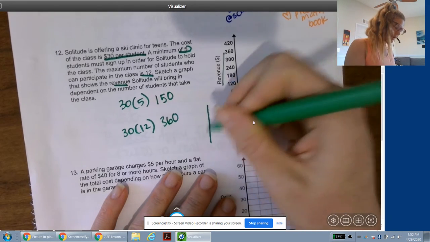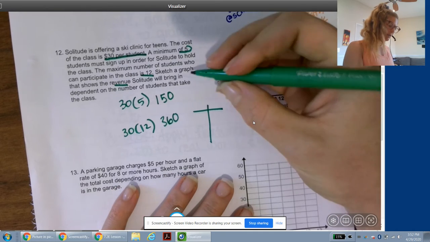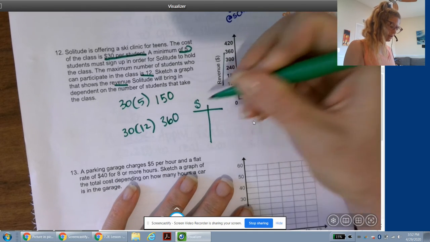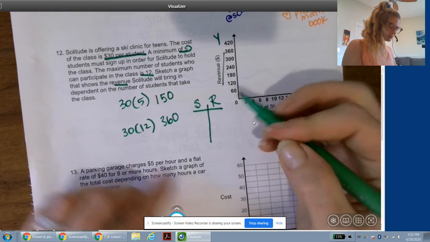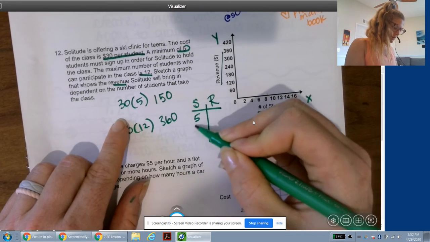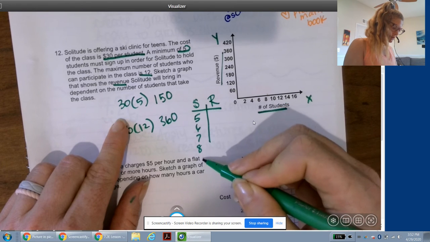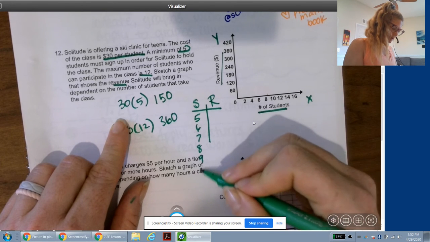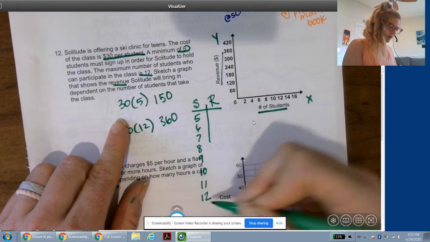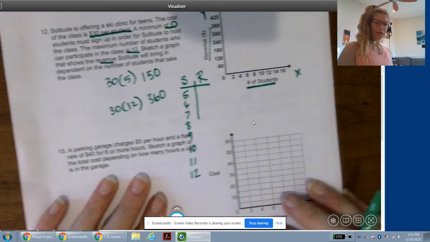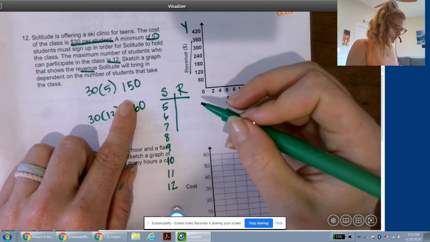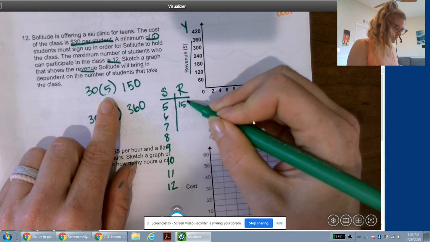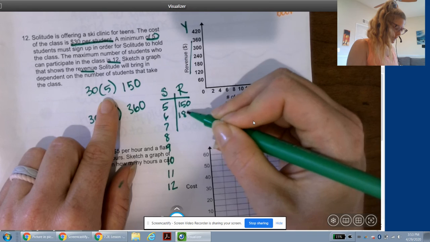So if you wanted to think about it that way, making a table of students, notice that's the x-axis and that's the y-axis, and revenue, we're going to start at 5, 6, 7, 8, 9, 10, 11, 12. And our revenue is going to be changing by 30. So we have 150, 180.